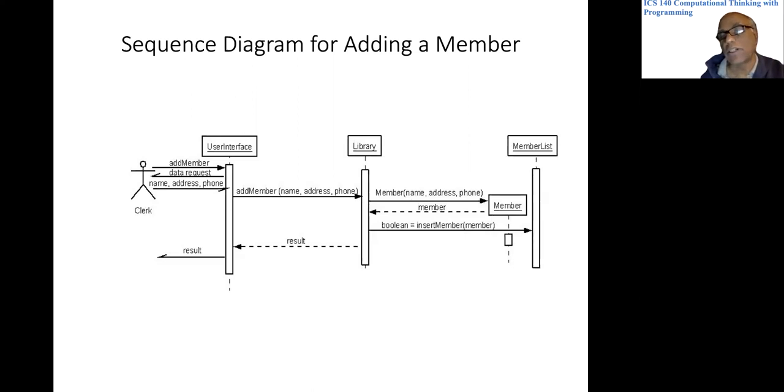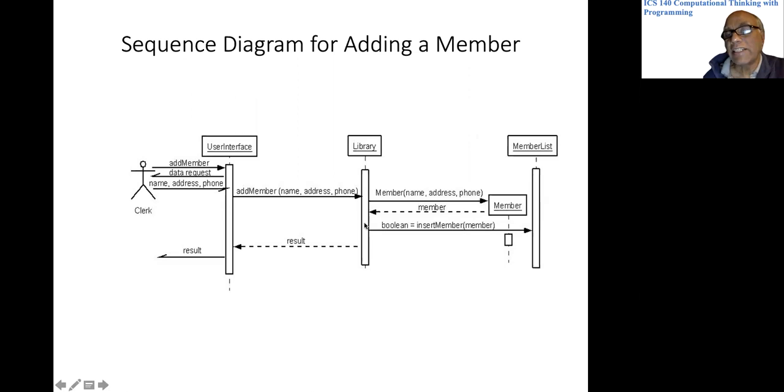We only have one constructor in the member class, and what we get is a member object in return. And since this is actually a creation of an object and it doesn't happen until this point, that is the reason why member is not up here.